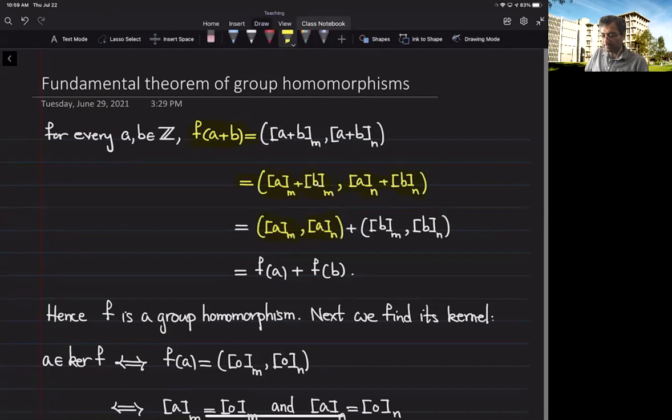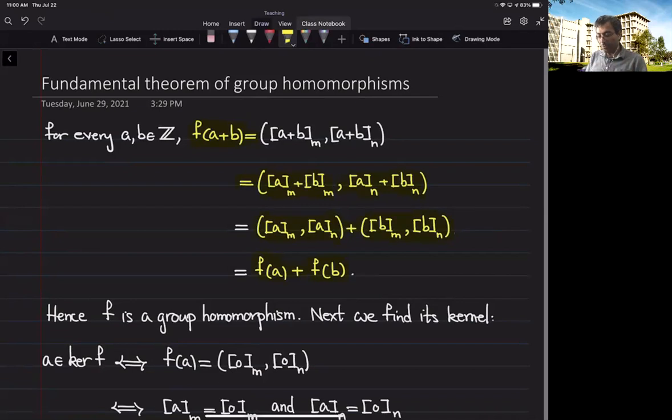So if I want to add this pair to this one, I need to add the first components, and that's exactly here. And I need to add the second components, and that's exactly here. So I get the equality that we have over here. And remember, this is f of a, and this one is f of b. All together, we end up getting that f is a group homomorphism.